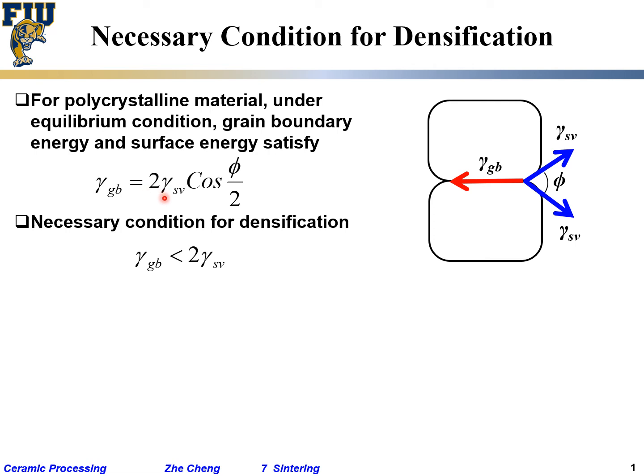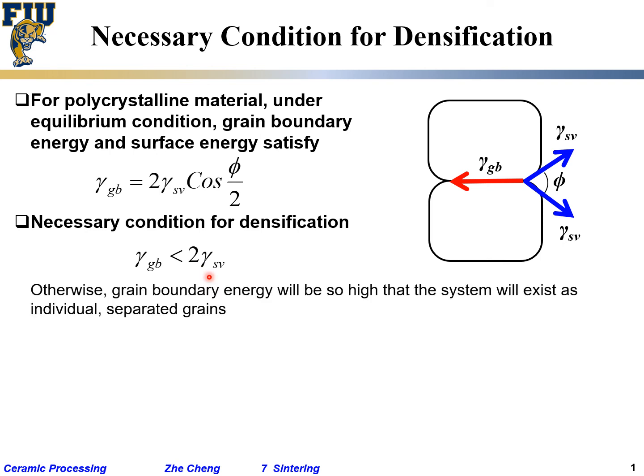When I move the 2 gamma over, what this means is cosine half phi would be gamma GB divided by 2 gamma. But that number has to be smaller than 1 in order to find a meaningful phi. Make sense? That's where this comes from.